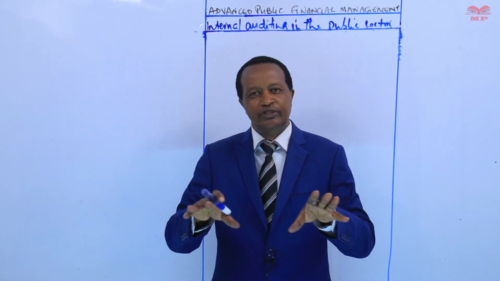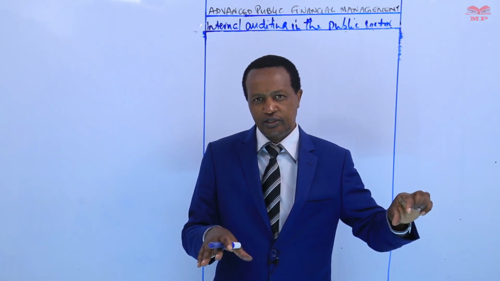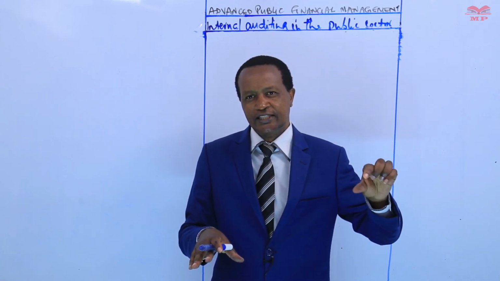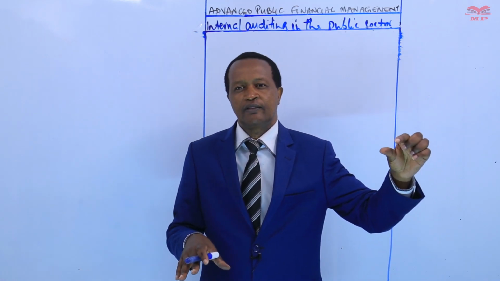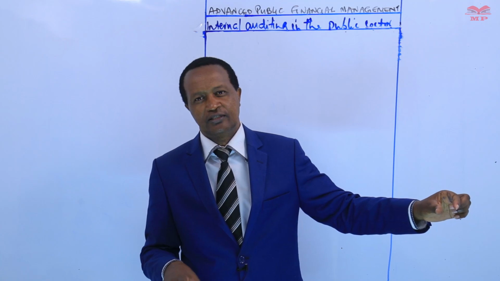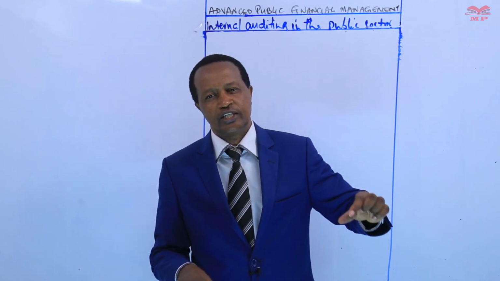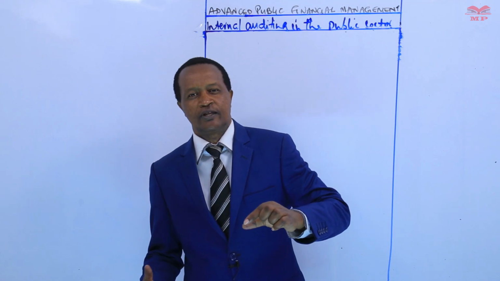The primary objective of the internal audit function is to assist accounting officers and the AIE holders, the authority to incur expenditure holders.